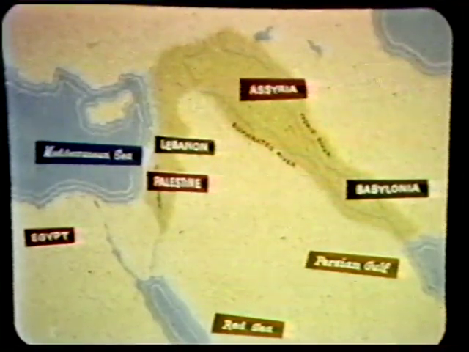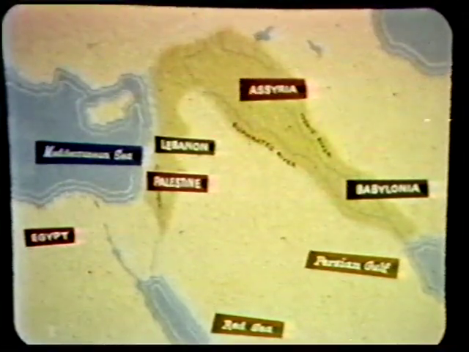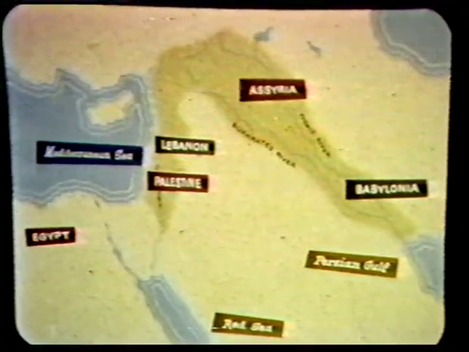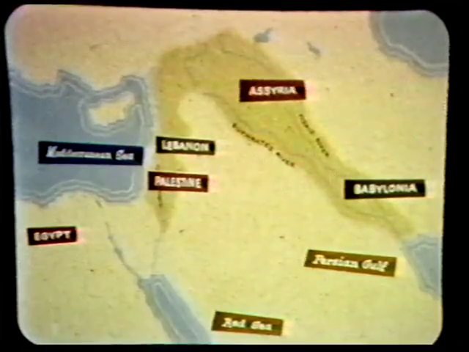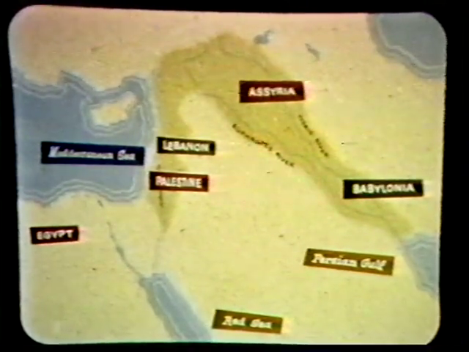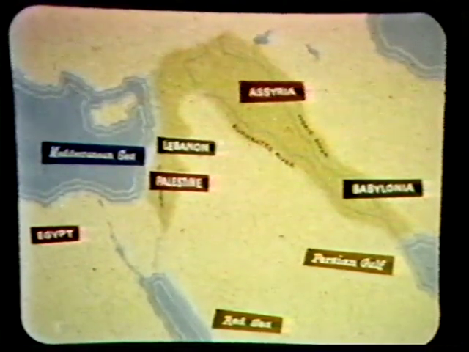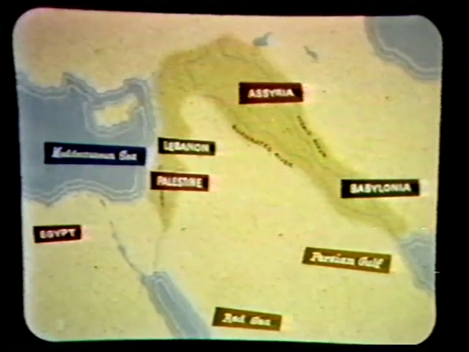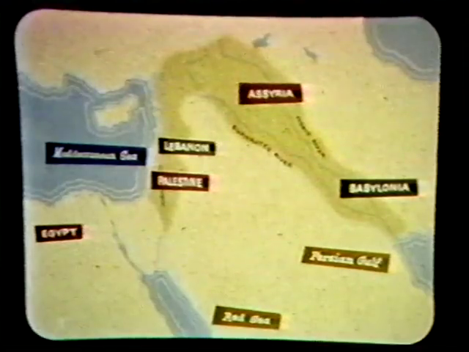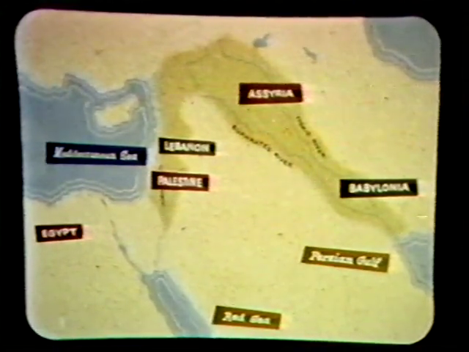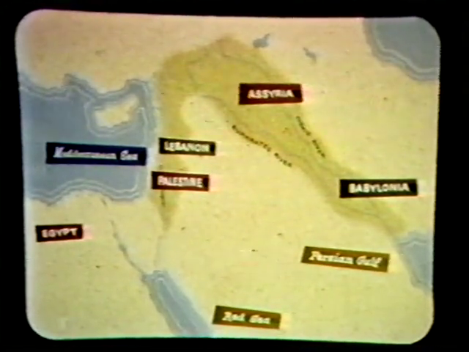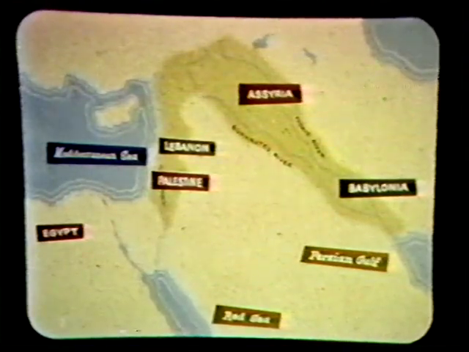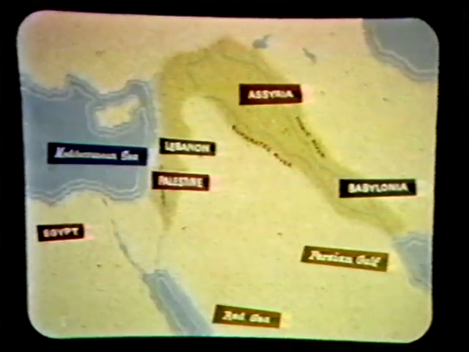Palestine is a part of the area known to all students of the Bible and ancient history as the Fertile Crescent, a huge arc of inhabited and cultivated land between the sea, the desert, and the mountains. The heartland of the Near East is the area between the Tigris and Euphrates rivers, here designated by Babylonia and Assyria, but generally called Mesopotamia.